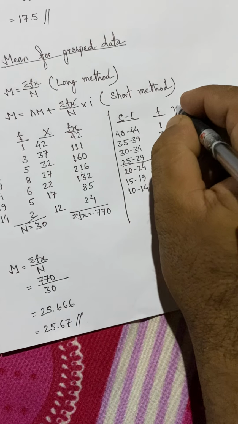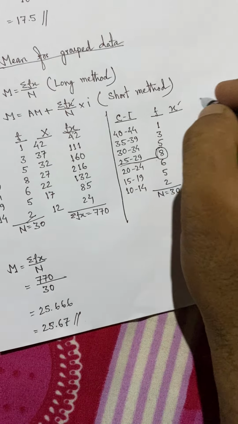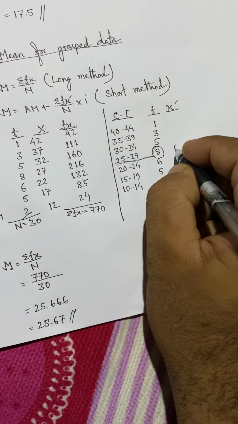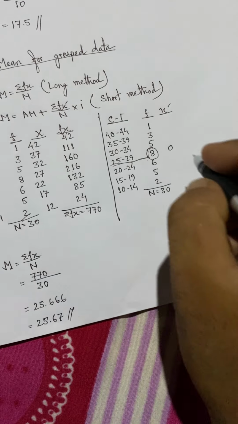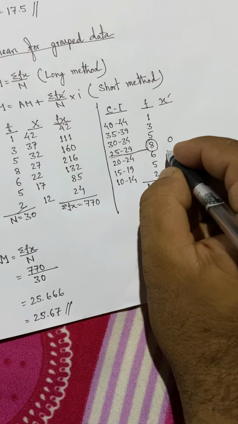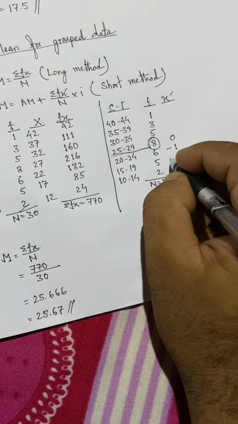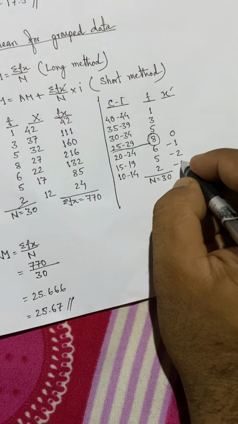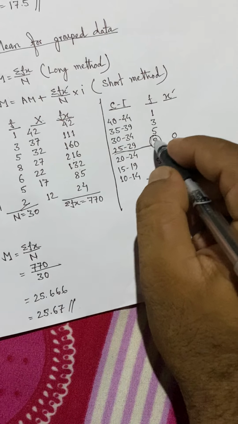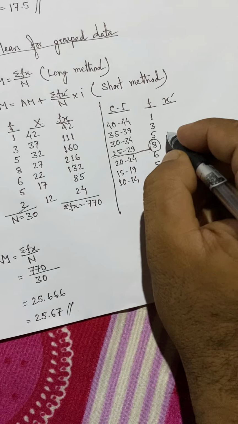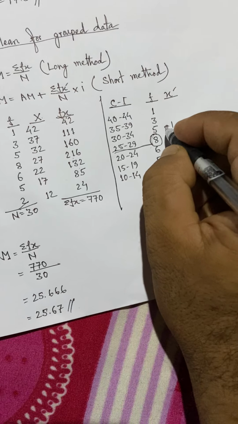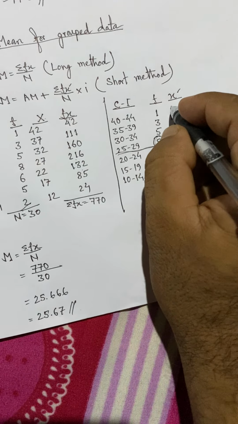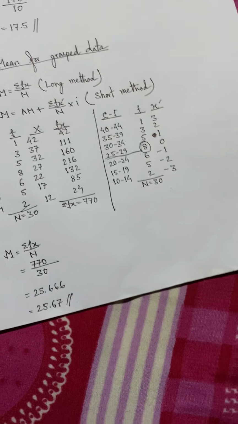After that you have to find the deviation from the mean. The assumed mean lies here, so you write 0 here, and below the assumed mean all are negative: -1, -2, -3, and above the assumed mean all will be positive: +1, +2, +3.